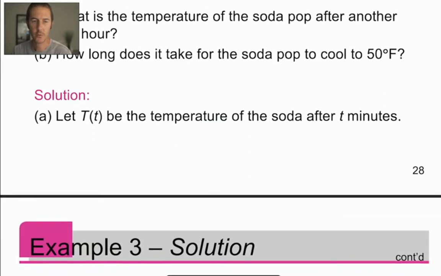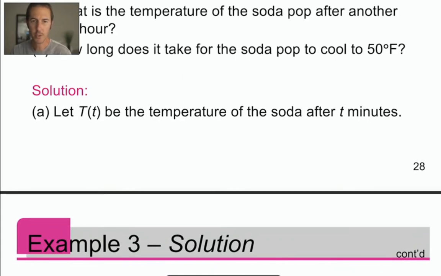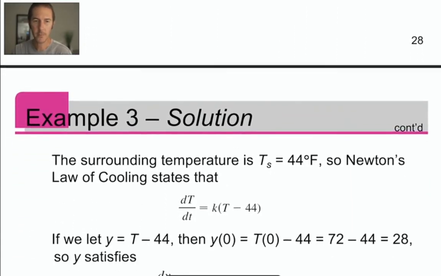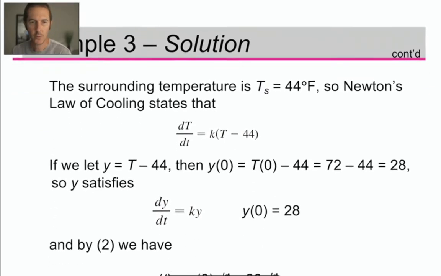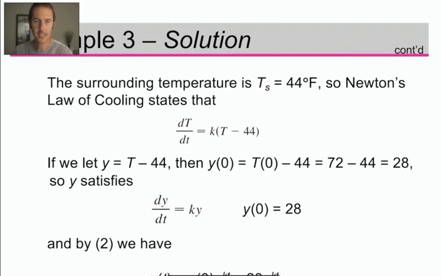So our solutions. T is going to represent the temperature of the soda after t minutes. T sub S is going to represent the surrounding temperature, the ambient temperature, which in the refrigerator is 44 degrees Fahrenheit. So Newton's law of cooling states that dT/dt, which is a little tricky, is equal to k times the difference between the temperature of the object and the ambient temperature in the refrigerator.